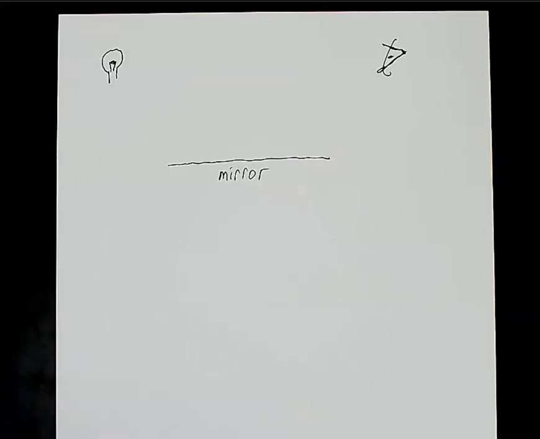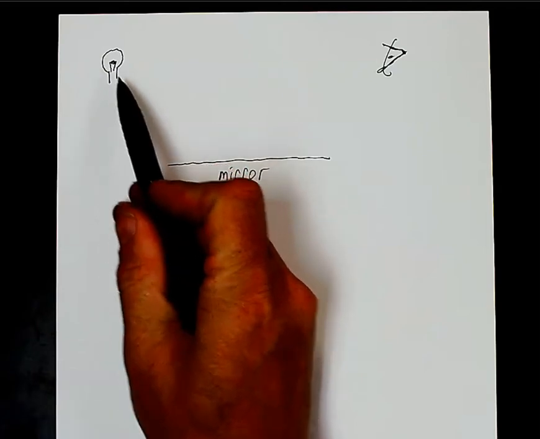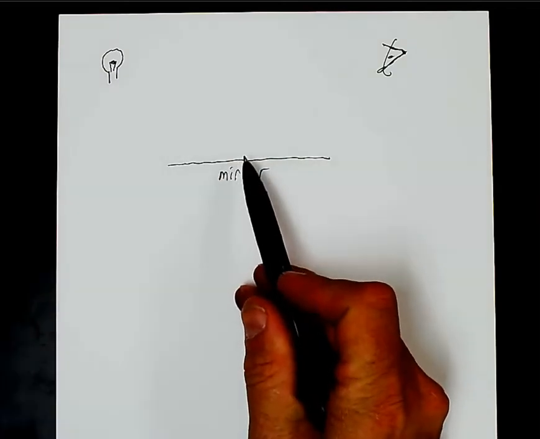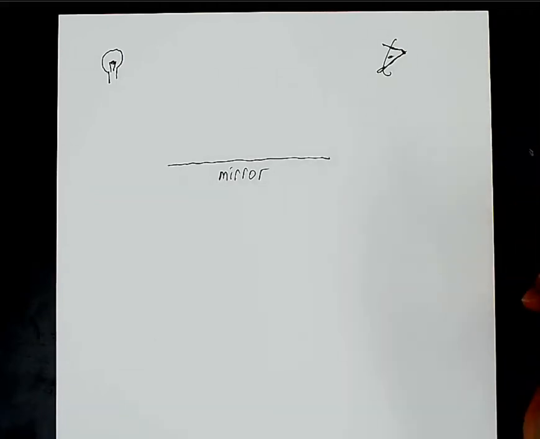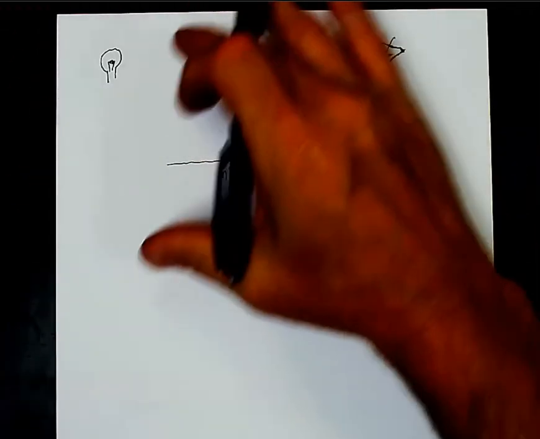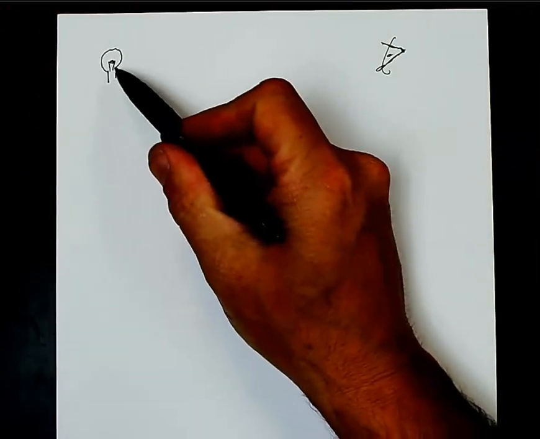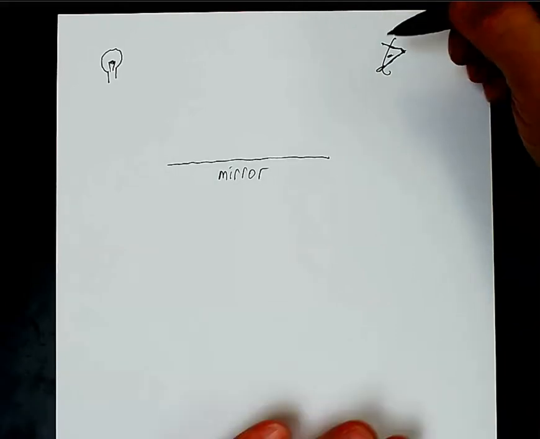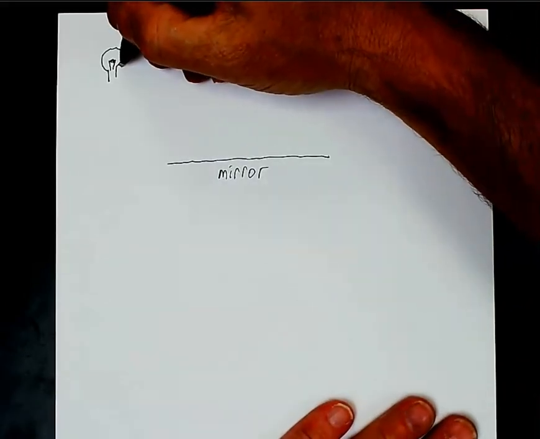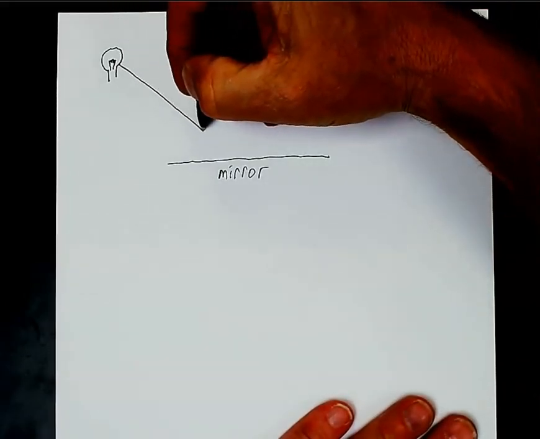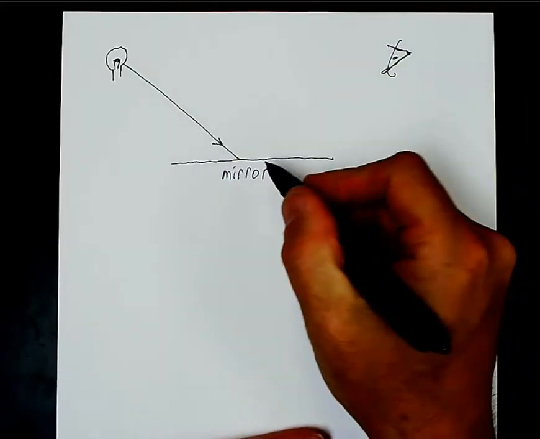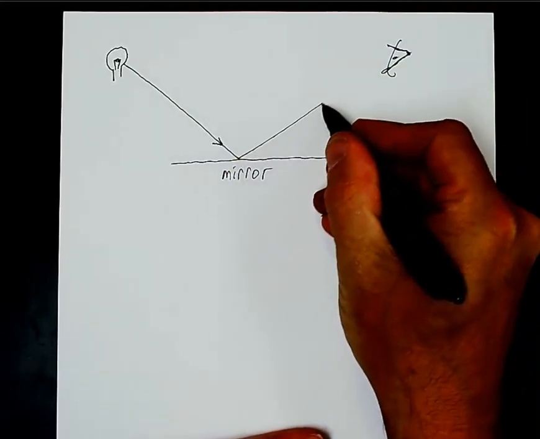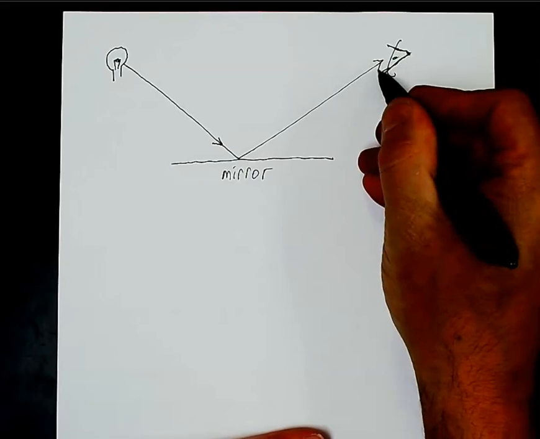Now let's use the ray diagram to describe what is happening when light from a light bulb hits a mirror and reflects off the mirror, and I see the light from the light bulb. So yes, light is going off in all directions, but the only part of the light that I care about is the ray that goes from the light to the mirror and then reflects off the mirror and goes to my eye.